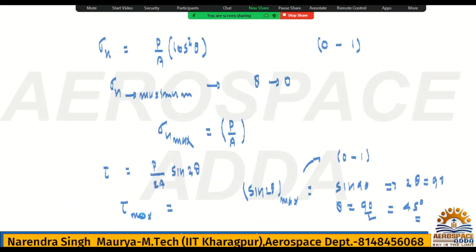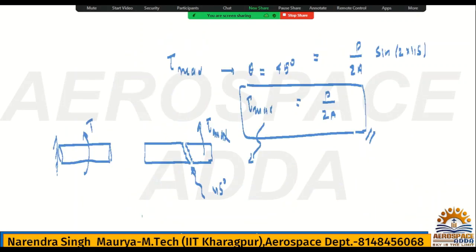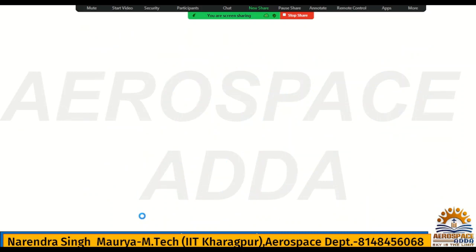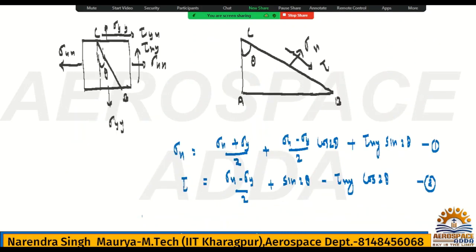So only one stress, sigma x, you have. Now in the same formula you can take sigma y equal to 0, and check the rest of the calculation. You will get the same formula you had seen earlier. Sigma and tau you can do on your own. Now for this we have the formula.